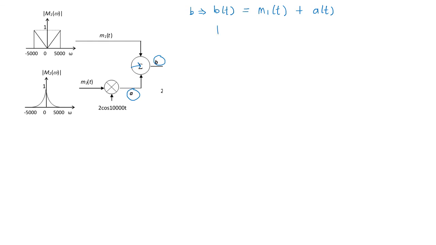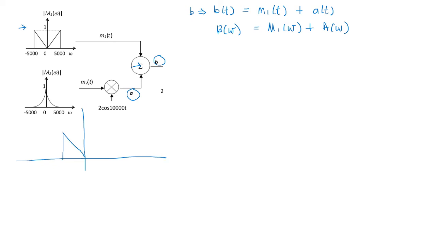So your B(omega) equals M1(omega) plus A(omega). We have sketched A(omega) just now and M1 is also given. So now you just need to add them up. So here is your A(omega) just now.